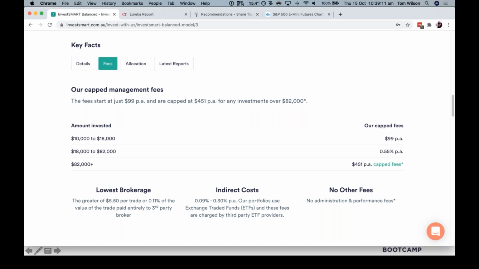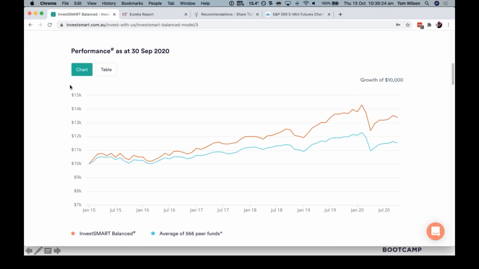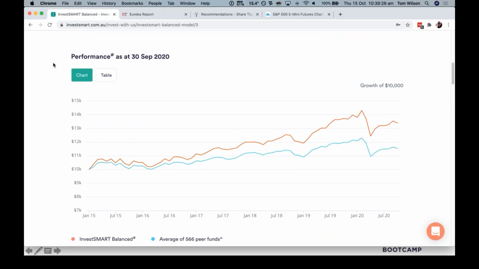So he came up with one of the first products, maybe even the only product still available that caps out the fee. So basically what we're saying is that we can manage your investment, your funds, and we can provide returns that, well, here's an example. This is the InvestSMART balanced portfolio. Obviously we had that dip there when we've come into the pandemic.